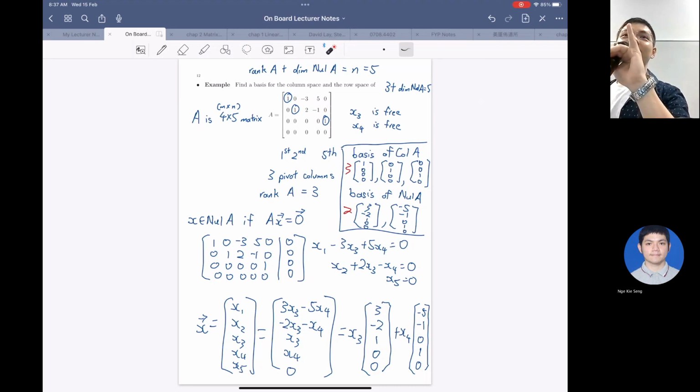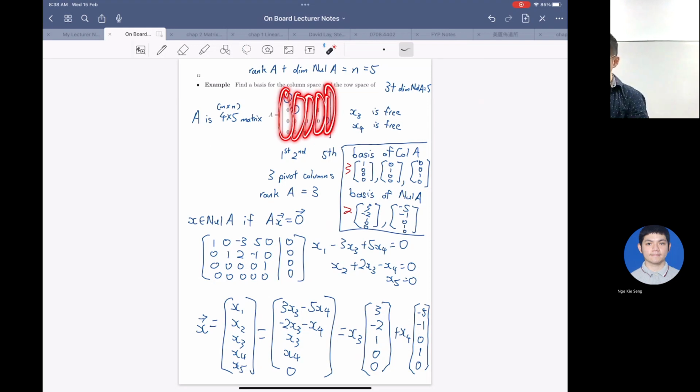Okay. So 3 plus 2 is 5. So we found all these things. So every column is very useful. Either you are a basis for Col A or you are a basis for Nul A. But the basis of Nul A is not automatically obtained from the matrix. You need to find the parametric vector form.